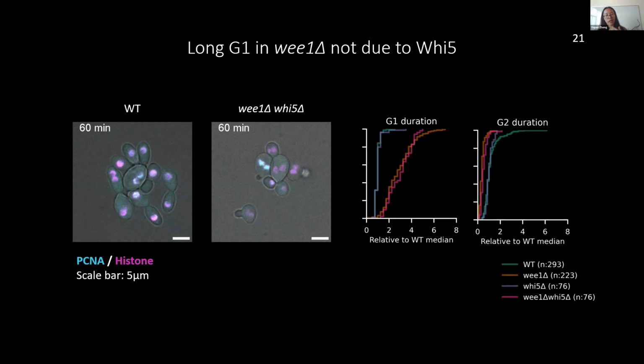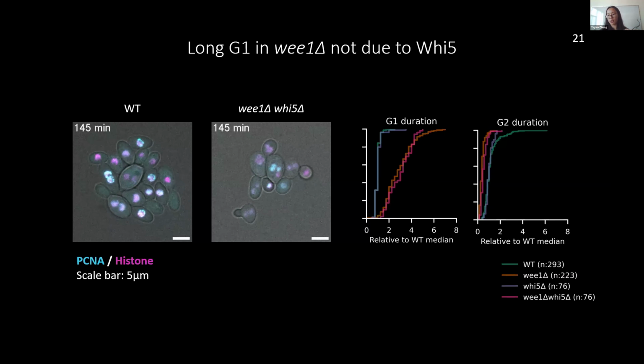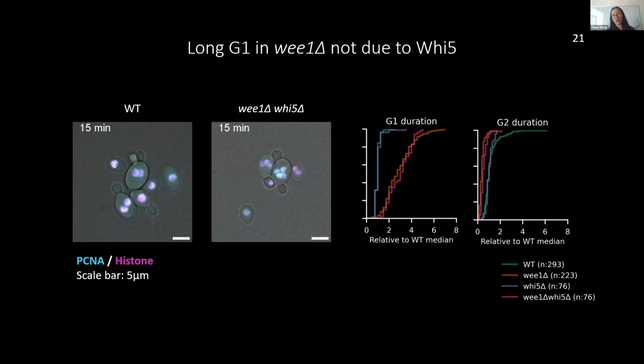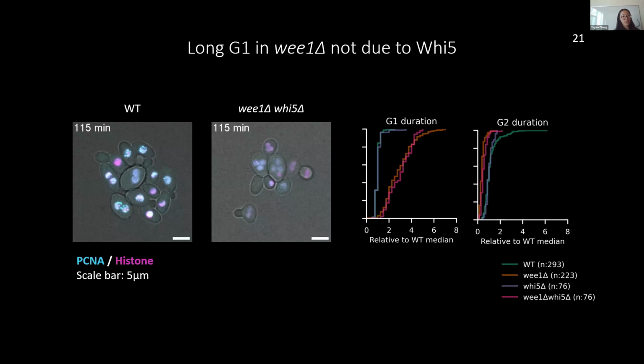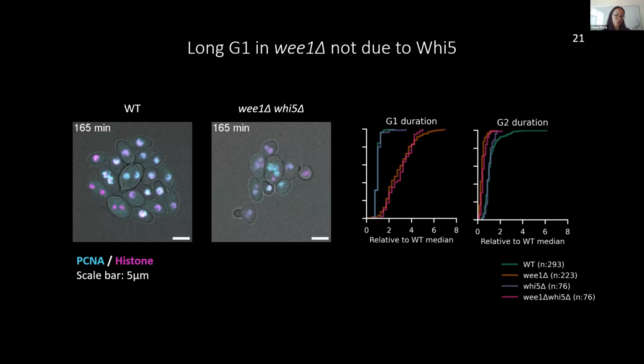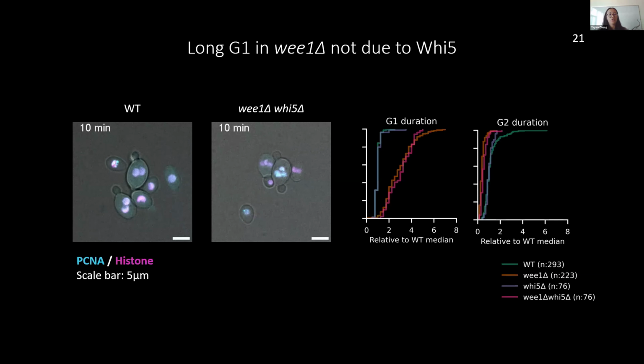After I quantified the cell cycle duration, what I found was that V1 delete and V1, V5 double delete both have a longer G1 and a shorter G2, but there's no significant difference between these two strains. So at least this tells us that V5 is not the explanation of a longer G1 in the V1 delete background.